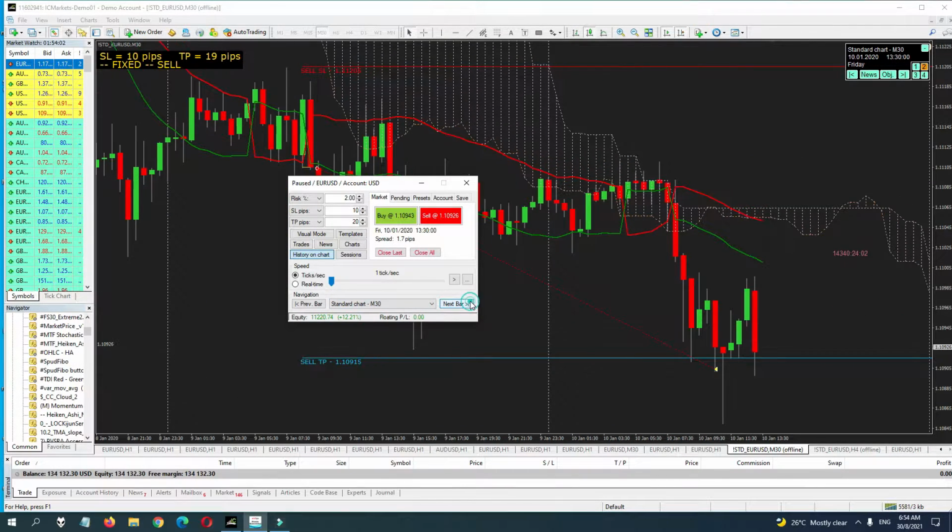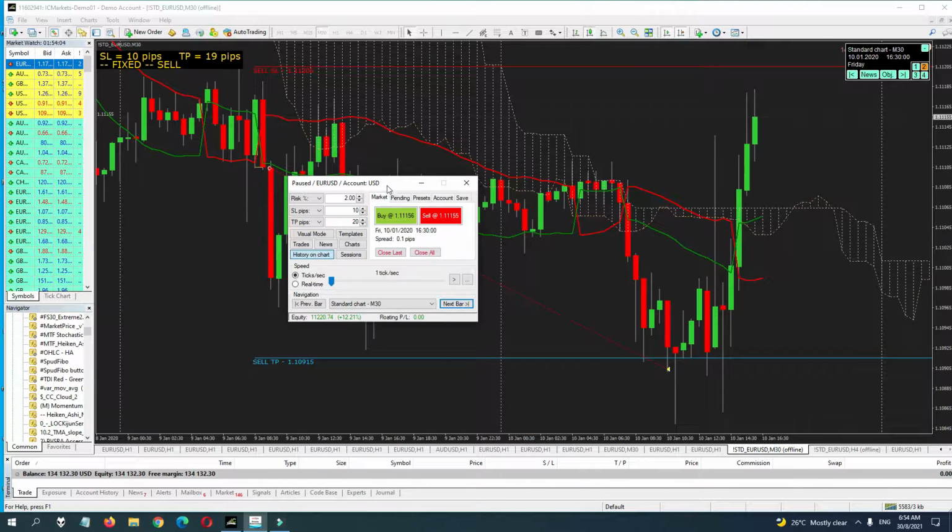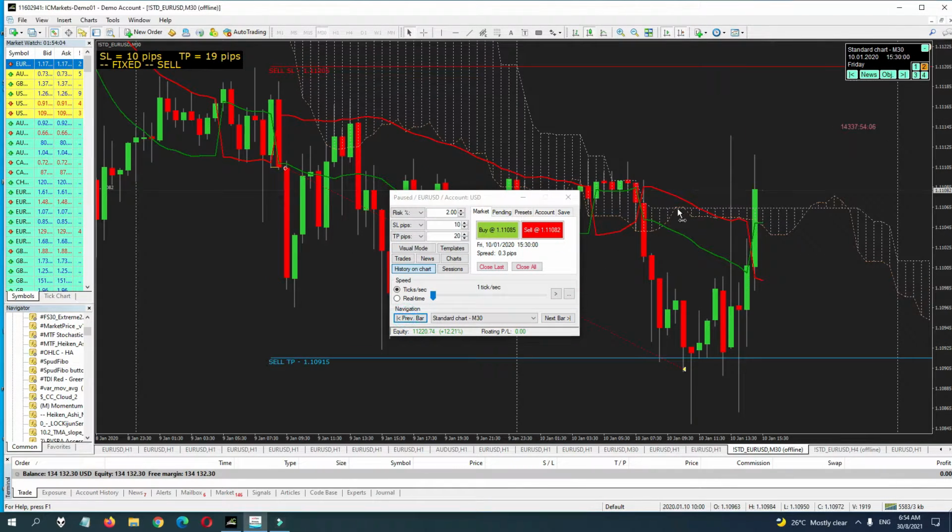Okay, you enter again. Price above the cloud, SSL cross up.